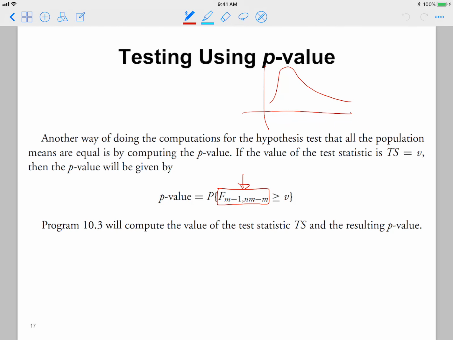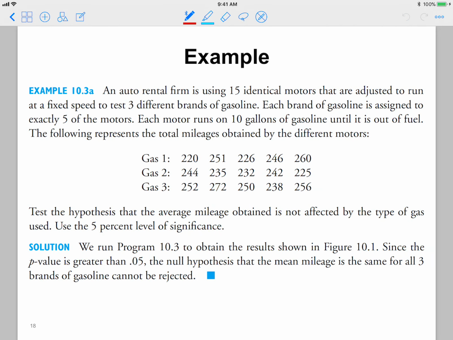Then we find the corresponding point in our F distribution with degrees of freedom R and S, and consider the probability assigned to the right. This value, instead of alpha, will be our p-value. So we can perform this hypothesis testing by using p-values as well.